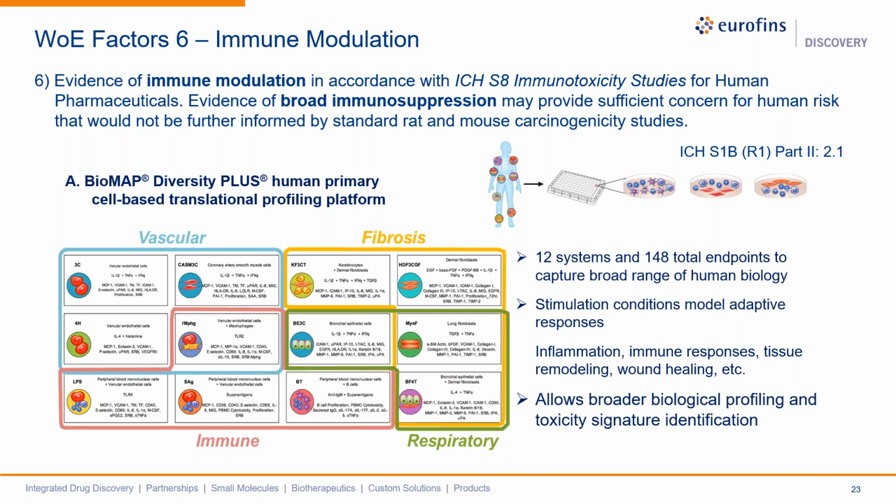What makes this approach particularly valuable is that the stimulation conditions effectively model adaptive responses like inflammation, immune response, tissue remodeling, and the wound healing process. And we will use this method for immunomodulation potential and associated risk. Next slide, please.